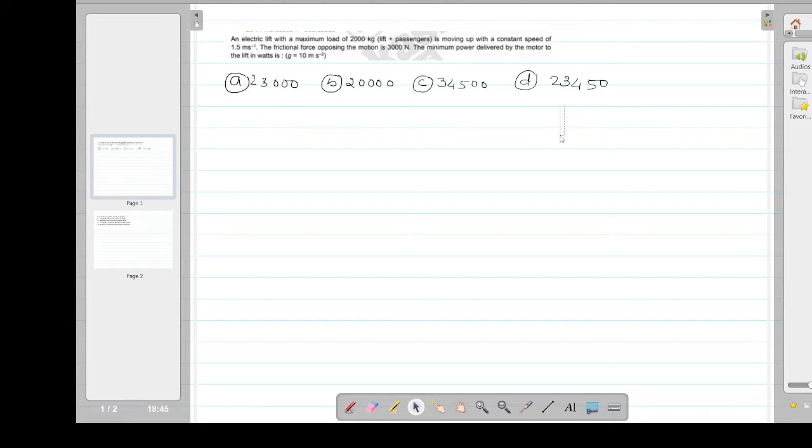So here the lift is moving in the upward direction, and the lift has a total mass.